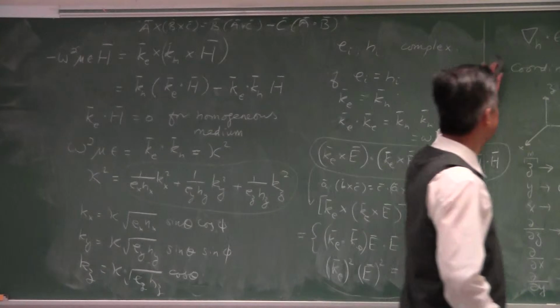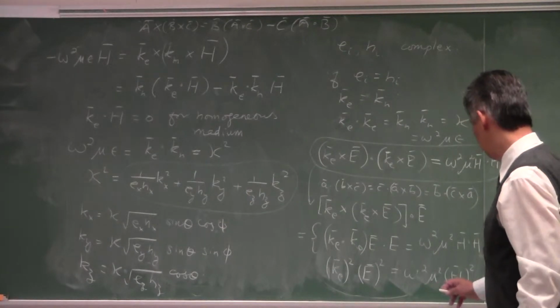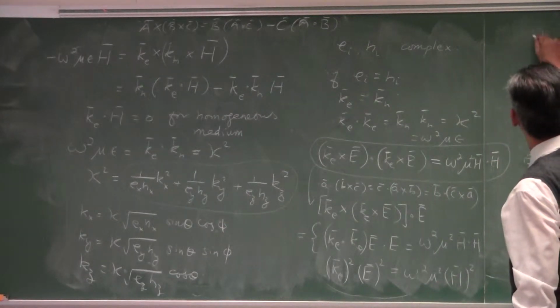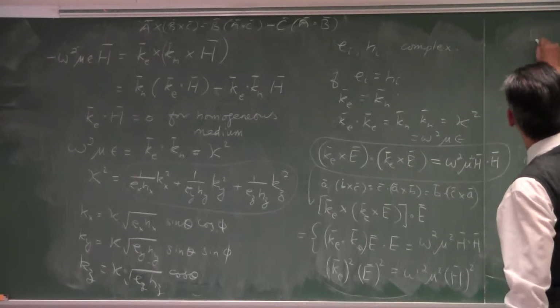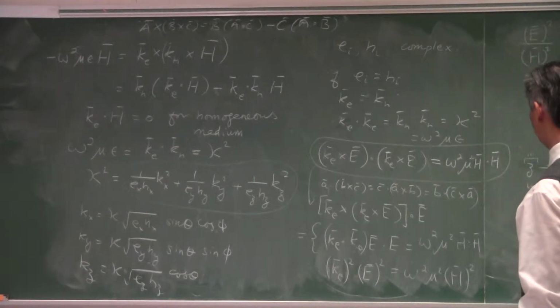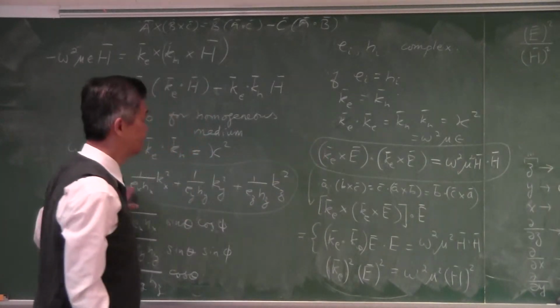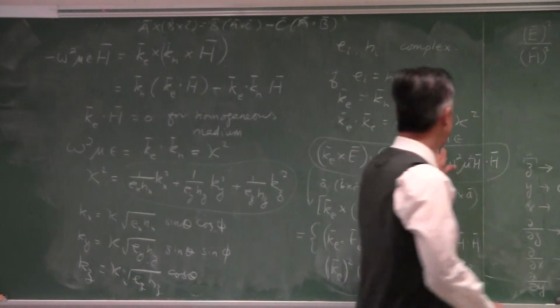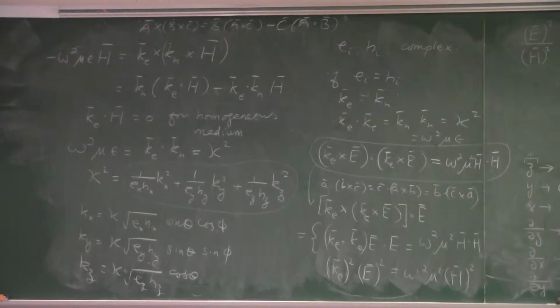So we have this condition that this scalar number square over this scalar number square is equal to omega square mu square, but KE dot KE would be just equal to kappa square, which is just this one over here. So omega square mu epsilon. So this is precisely equal to mu over epsilon.